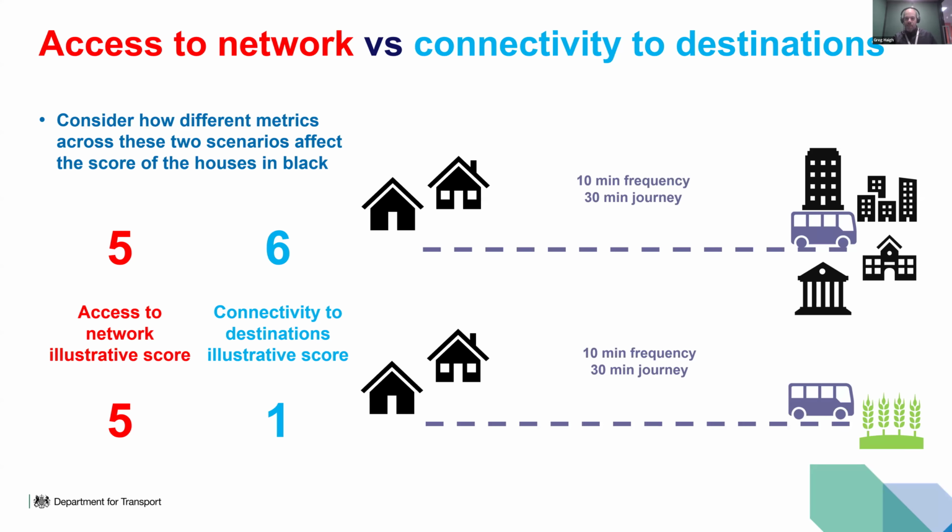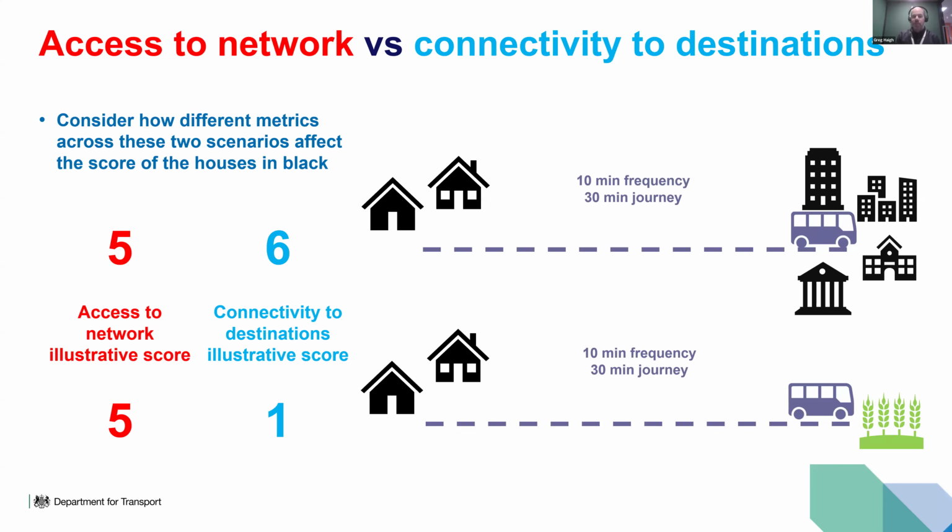Consider the scenario at the bottom. You've got the same transport frequency and journey times. So there's a bus every 10 minutes. It takes 30 minutes to take a journey, but it only takes you to a location where there are no useful services. So in both of these scenarios, an access to network score would result in the same value.